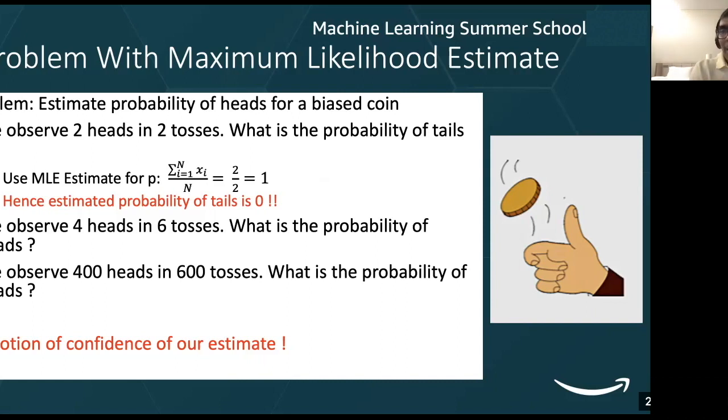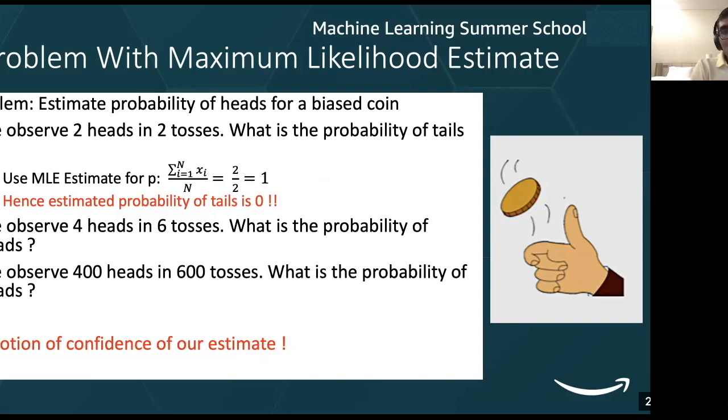The problem is that maximum likelihood estimation does not incorporate any notion of confidence in our estimates. And that can prove problematic, especially in scenarios where your data set is limited, and even in scenarios where you're learning a large set of parameters but don't have sufficient data to characterize them effectively.